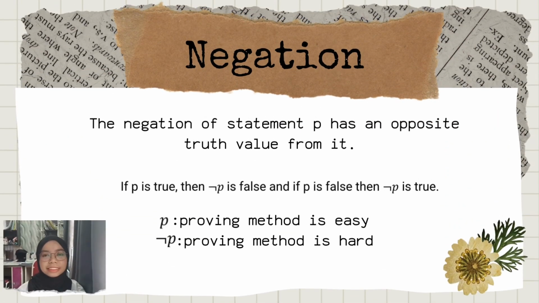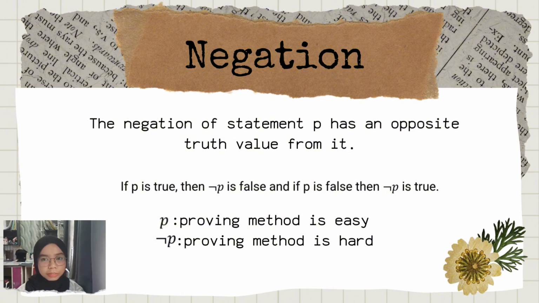Next, negation. The negation of statement P has the opposite truth value from it. The negation denies the original statement. The negation of statement P is denoted by not P and read as not P. If P is true, then not P is false.